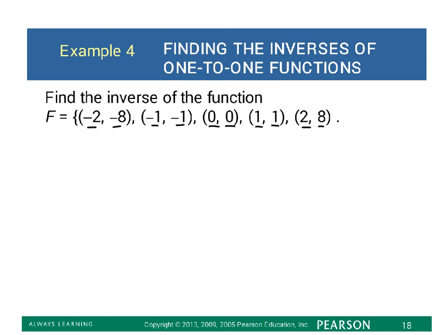Then you can find the inverse of this function by switching your x and y values in all of your ordered pairs. So -8, -2. And this doesn't matter much, -1, -1, and 0, 0.